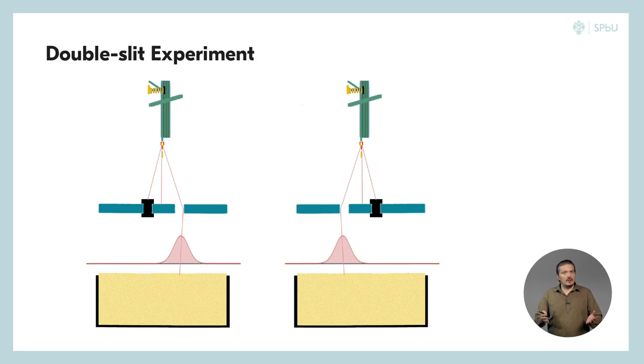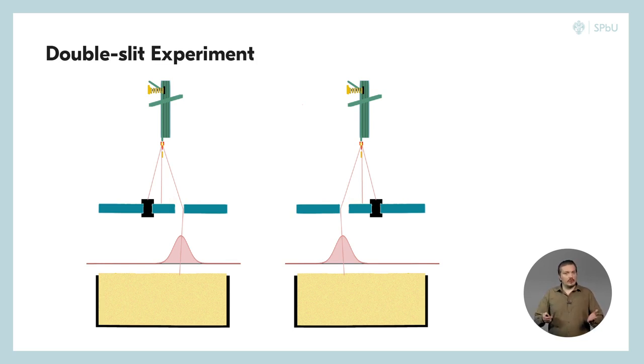Why? Because the right slit was closed and no bullets were allowed to go through it. On the other hand, when the right slit was open, we got this bulge on the right, formed of those bullets which did not reach the box in the left experiment.